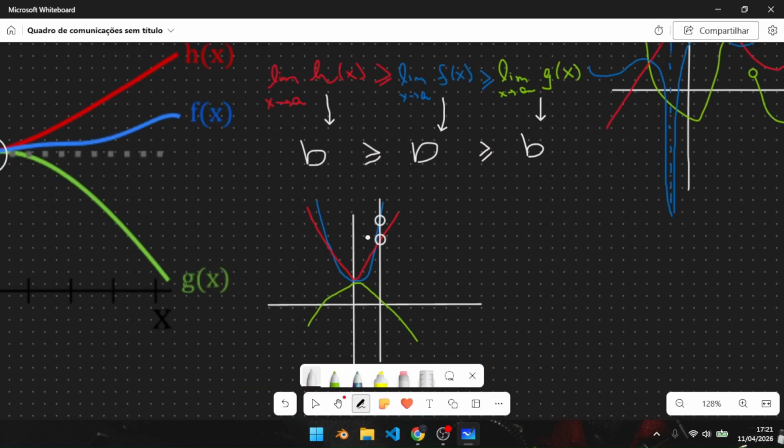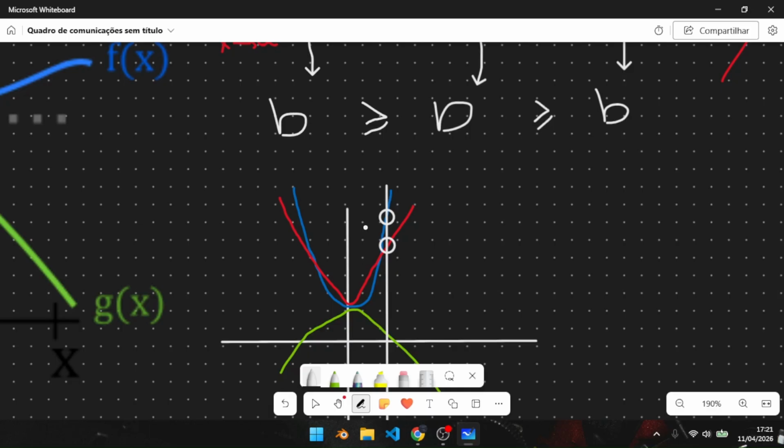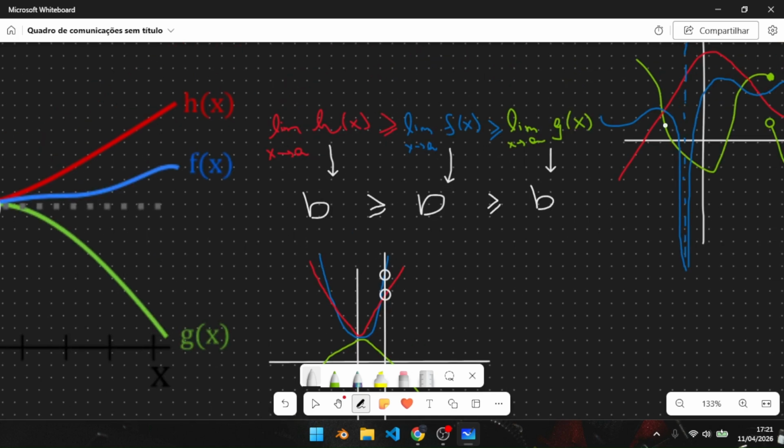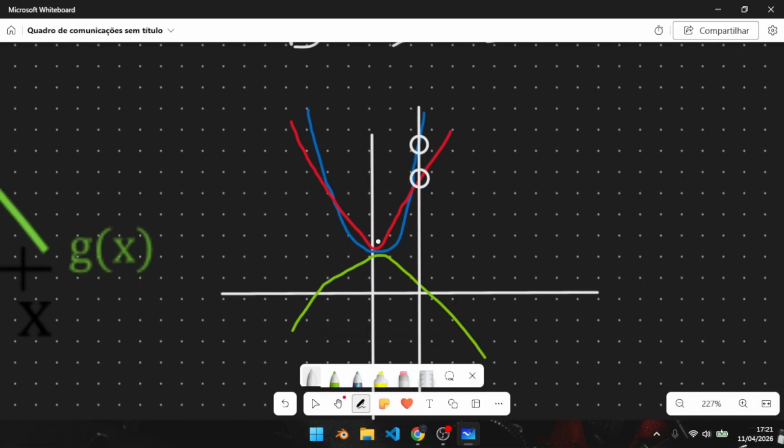Here I just wanted to point out something that I got a few mistakes on. I got a few questions wrong because I thought that this behavior should always be true. Notice how close to the x that we are trying to solve here, h of x is greater than f of x, which is greater than g of x.